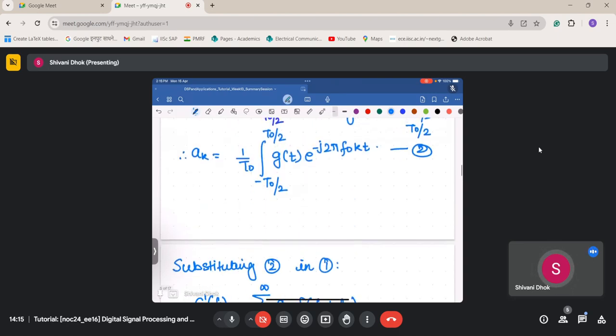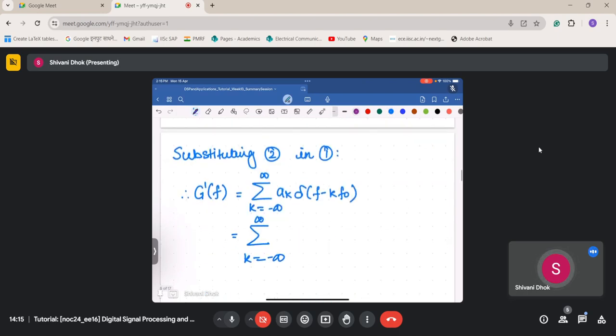This a_k is this equation here, which is 1 over T naught integral minus T naught by 2 to T naught by 2 into g of t into e power minus j 2 pi f naught k t dt into delta. So this is my a_k, and now I have this impulse f minus k times f naught.